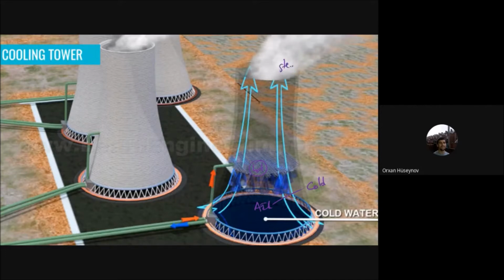Okay, some of the steam leaves the system, and when that steam leaves, you will have currents moving out of this cooling tower, and that current will also affect the air here, and the air will start to move upwards. Okay, and in this way you will create a natural draft, or you can say natural convection. You will create a natural convection or natural draft of the air by this movement of the steam.